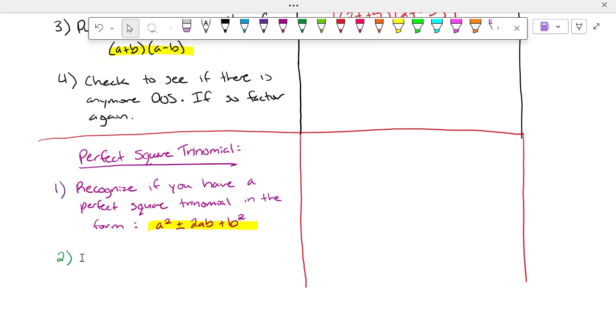Then find the square root of a squared and b squared, and identify the sign of the second term.